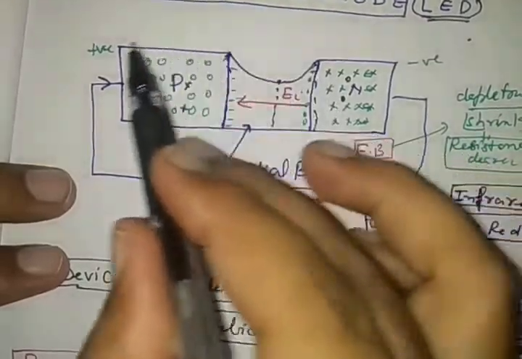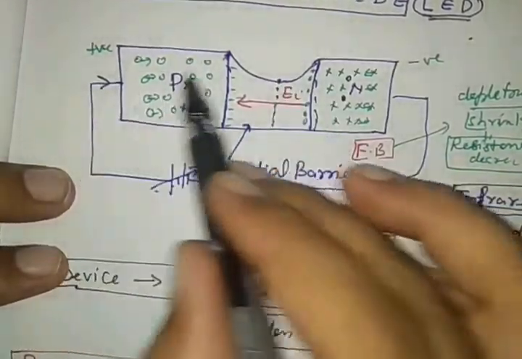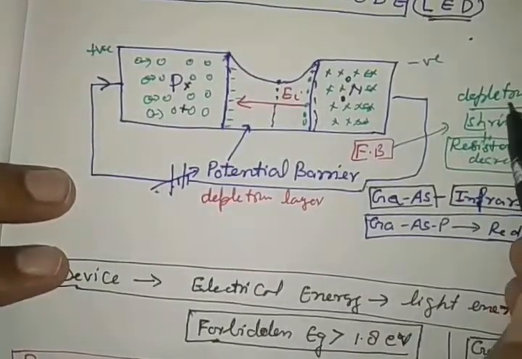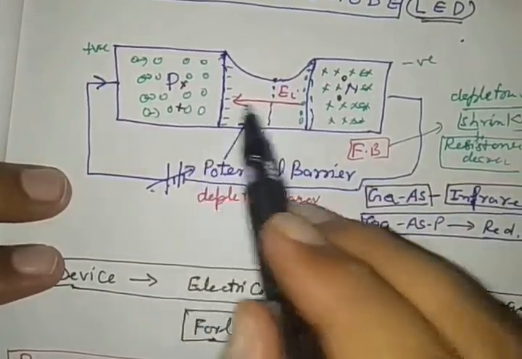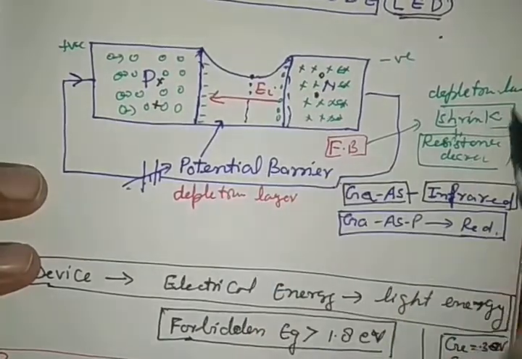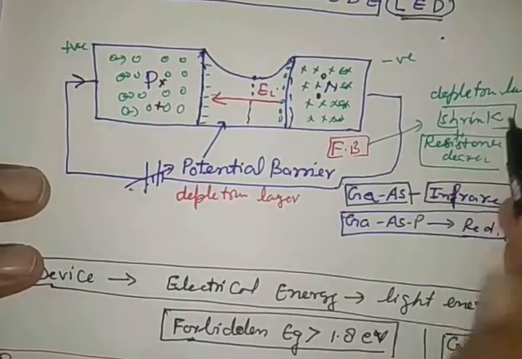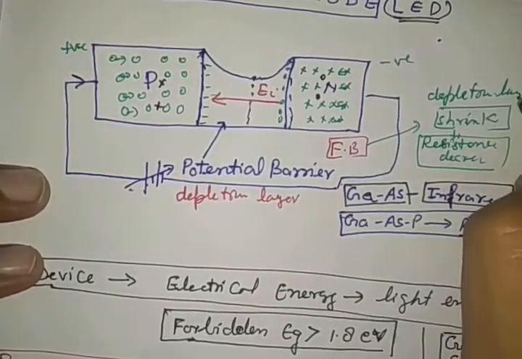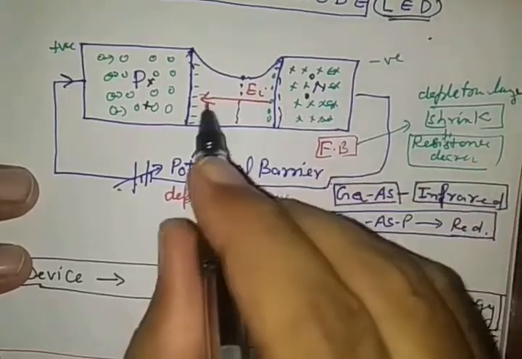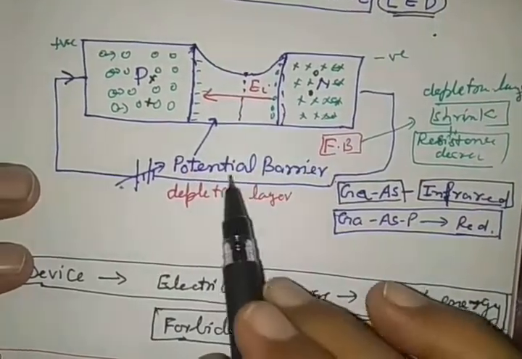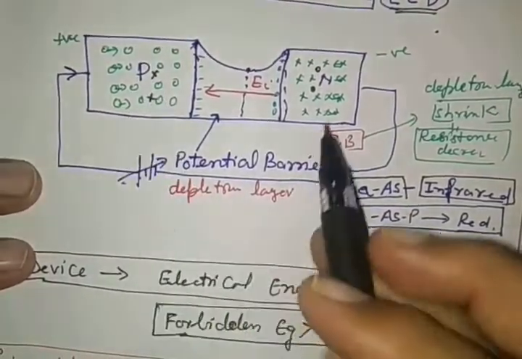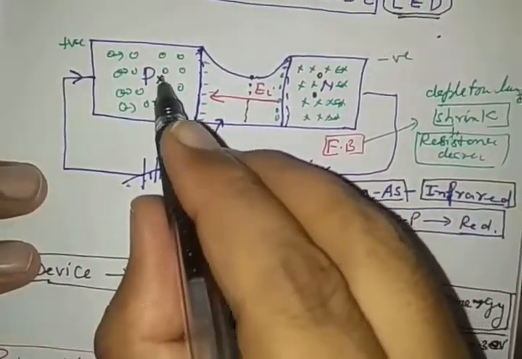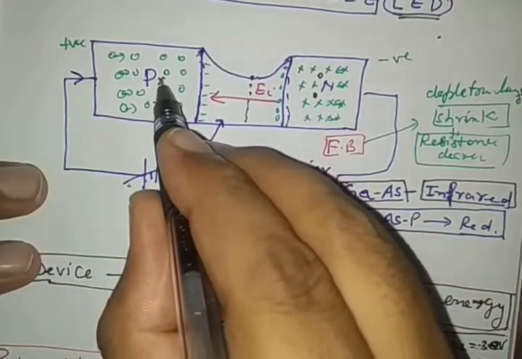When it is under forward bias, current starts to flow. The majority charge carriers are forced to move from P to N, and as a result the depletion layer shrinks, its resistance decreases, and the potential barrier decreases.